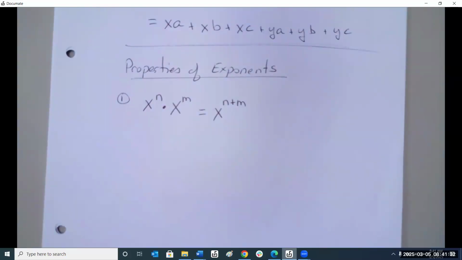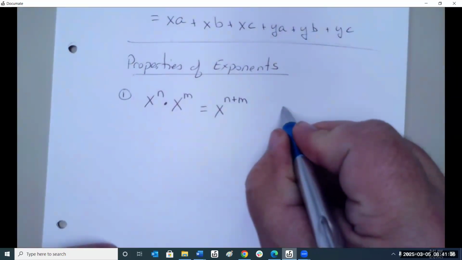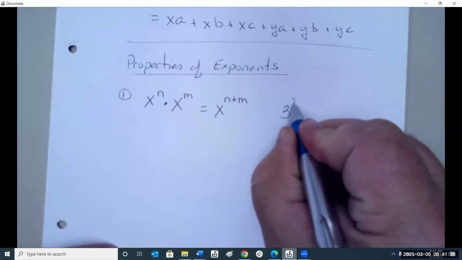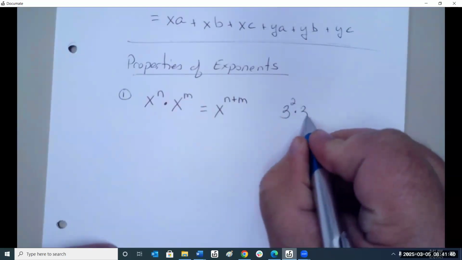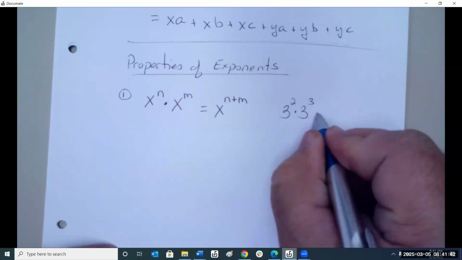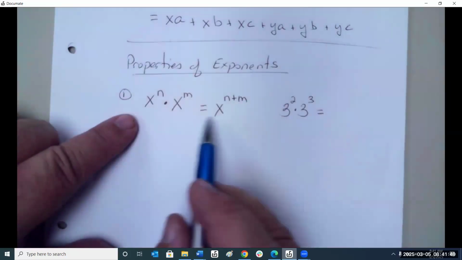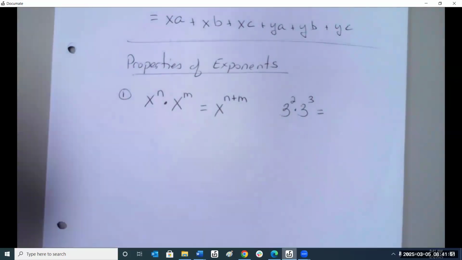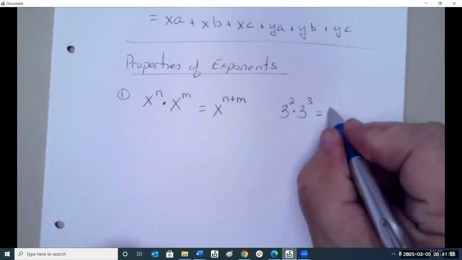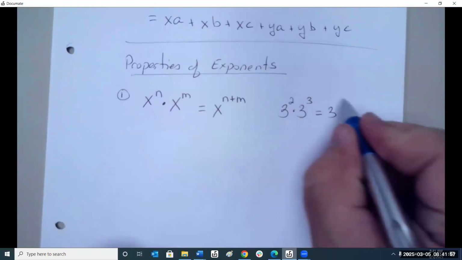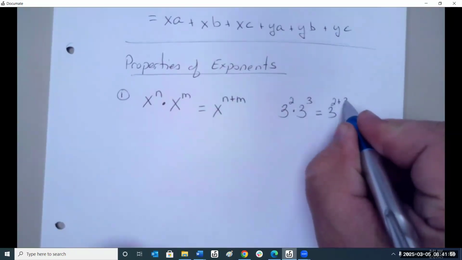Why? Let's see. 3 to the power 2 times 3 to the power 3. According to this rule, the answer is going to be what? Since they have the same bases, we can add the exponents.